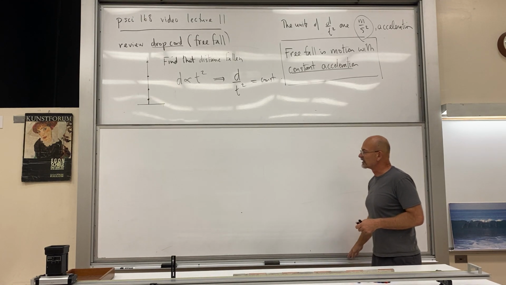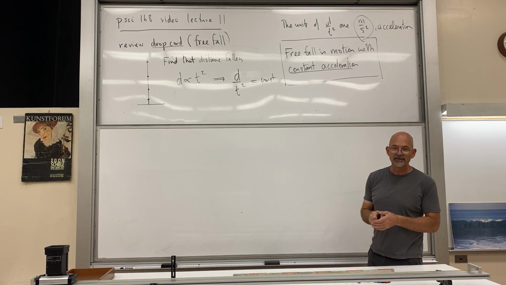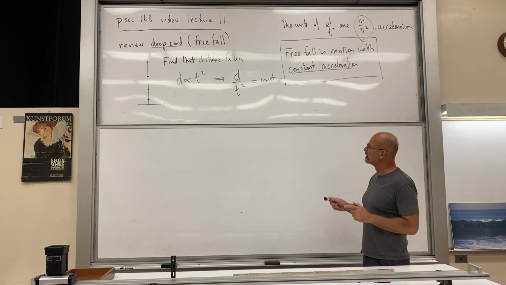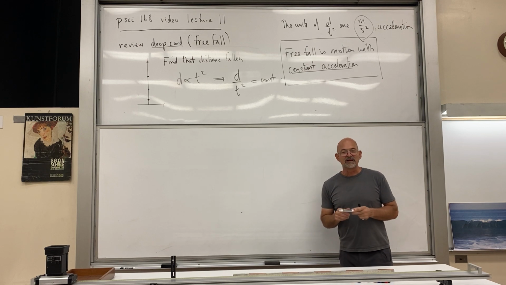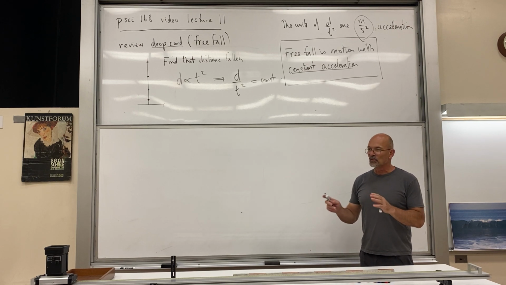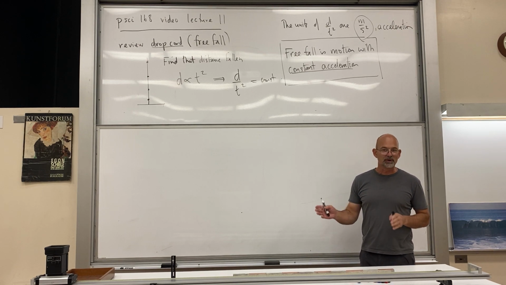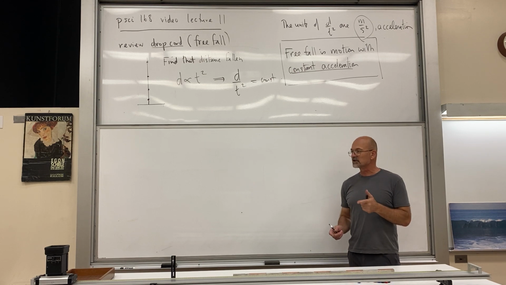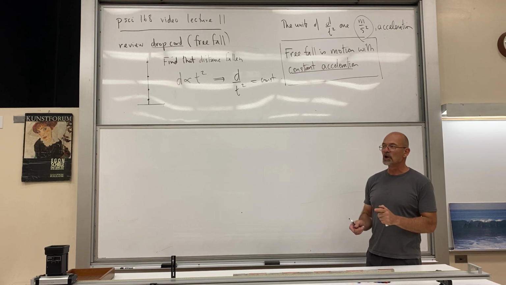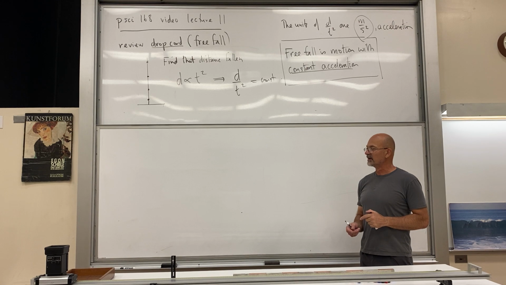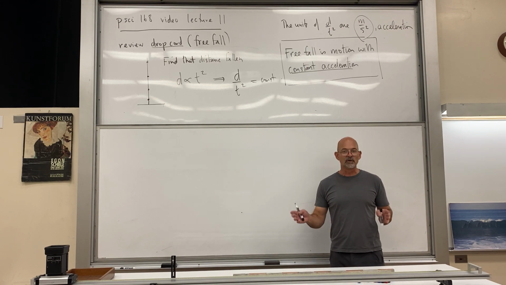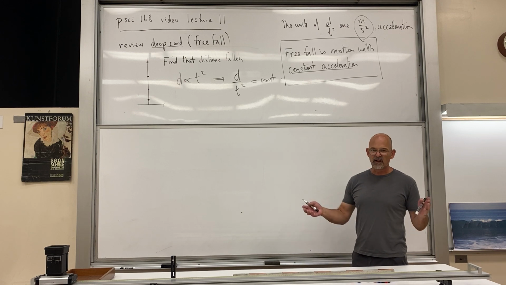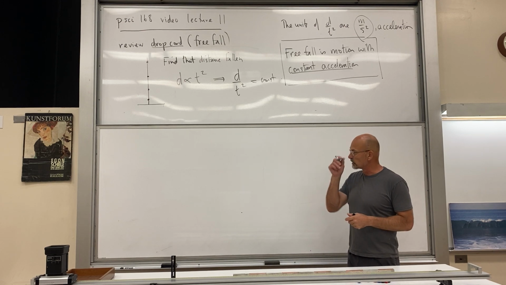This derivation is not something you have to master, but I want to show it to you because I want you to get confidence in the idea that everything we're doing is a logical progression. And not only is it a logical progression, it's one that you can follow and think along with. And that'll give you confidence in all of the physics that we're learning, and in everything we learn about energy.